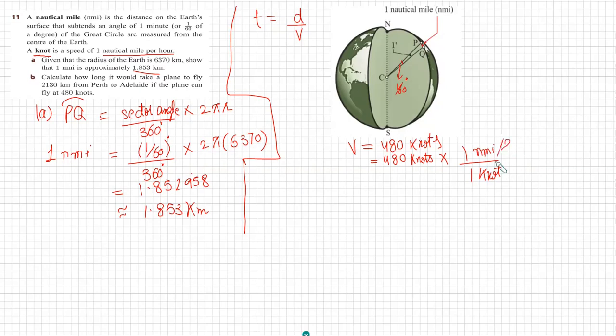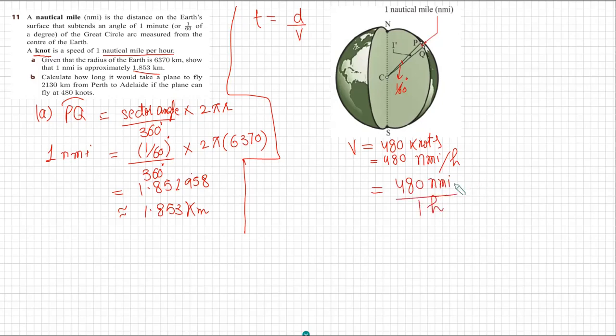So 480 knots means 480 nautical miles per hour, that is over 1 hour, right?